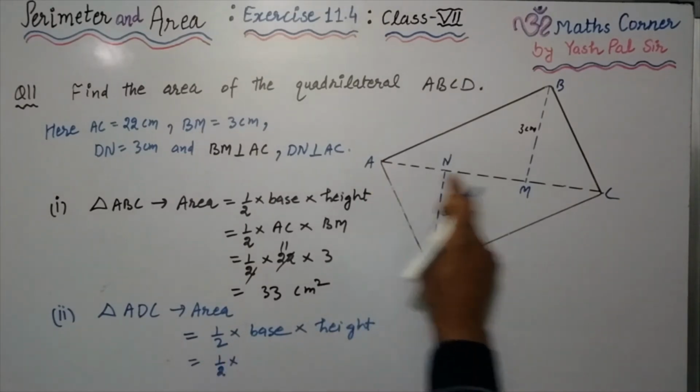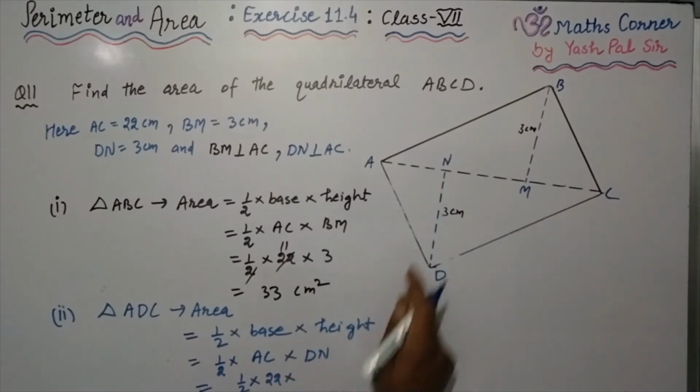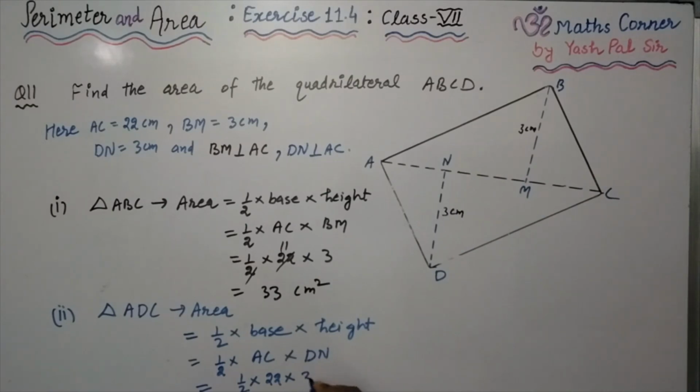Here 1 by 2 into base is same AC, height is DN. Now substituting values, 1 by 2 into AC is 22, DN is again 3. So same thing, 33 centimeter square.